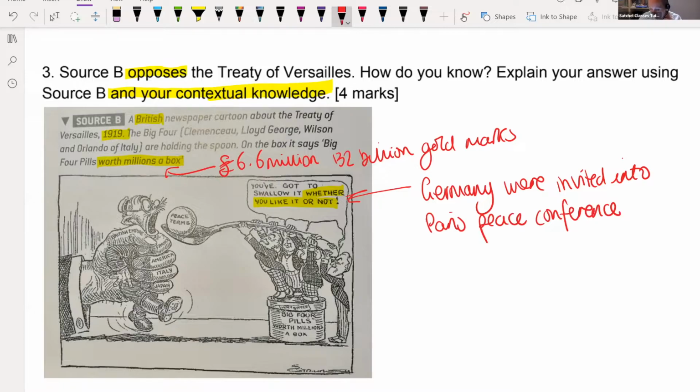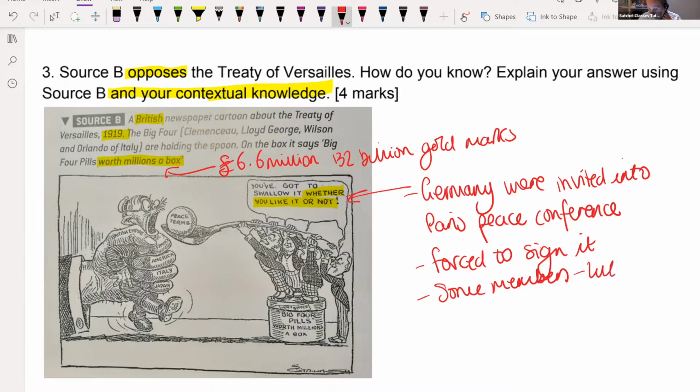And I know that they were forced to sign it. And I know that some members from Germany were killed on their return after signing the Treaty of Versailles.